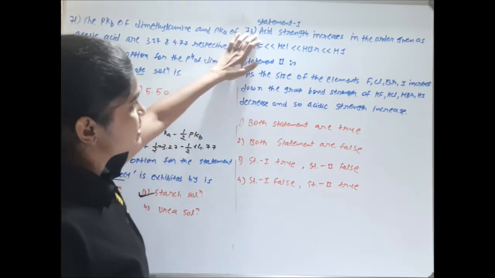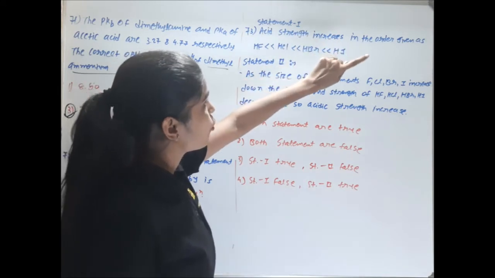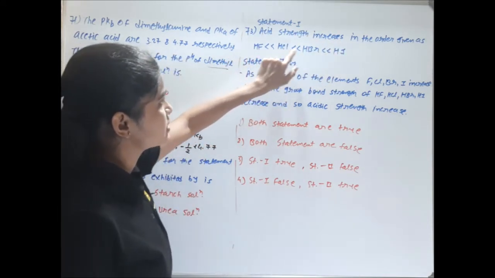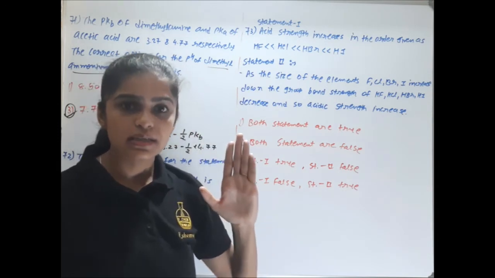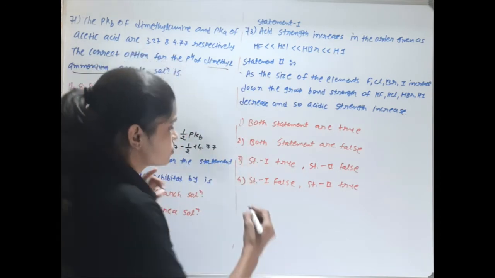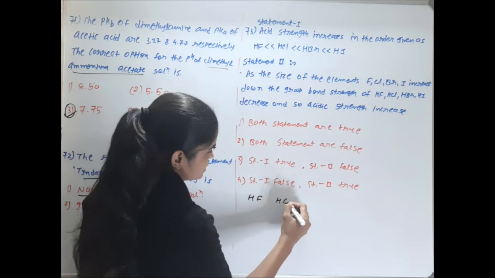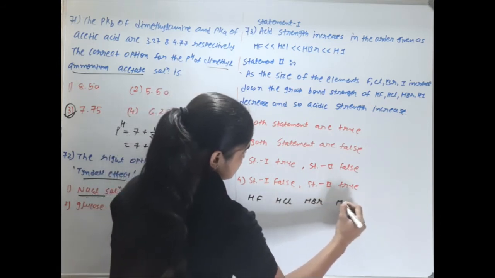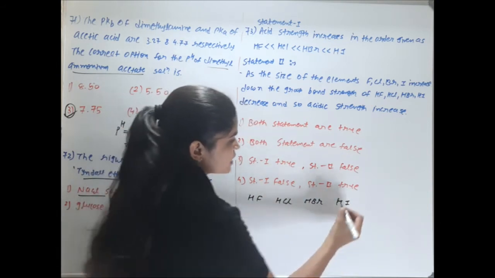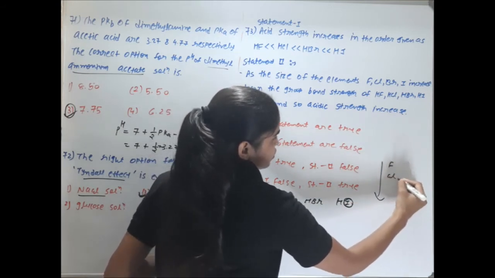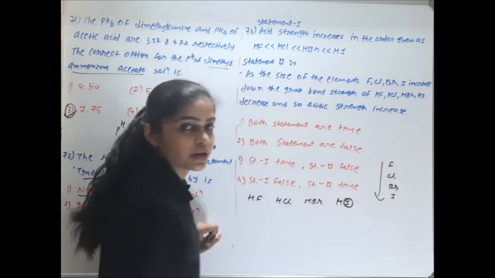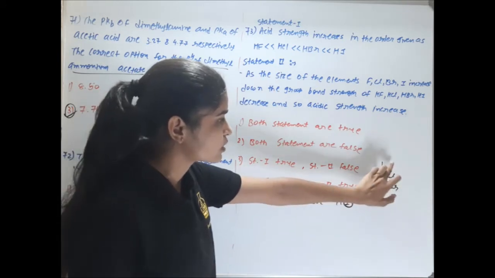Next, the acid strength increases in the order of the given HF, HCl, HBr and HI. We know that acid strength increases this way. How does acid strength increase? In this group, fluorine, chlorine, bromine and iodine, iodine size is more than fluorine.